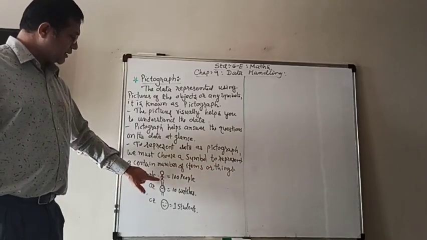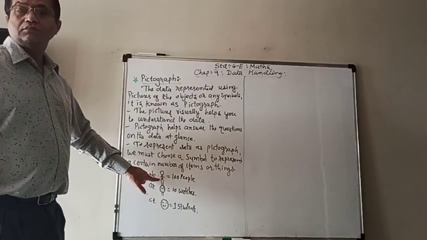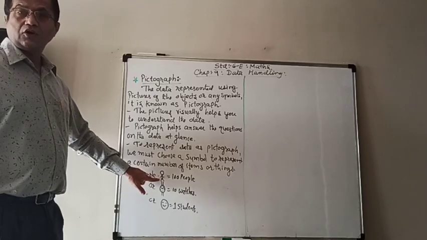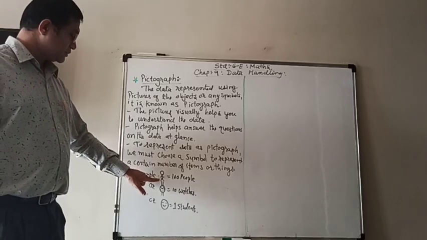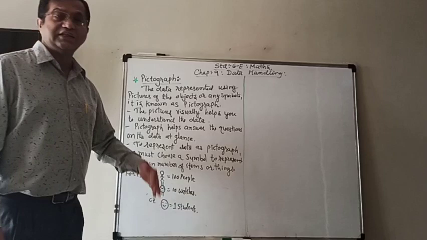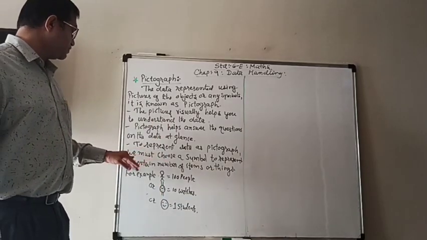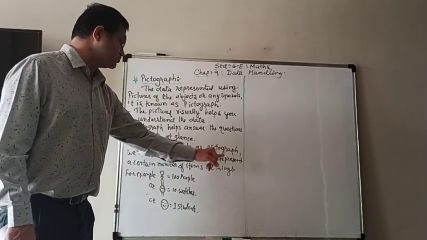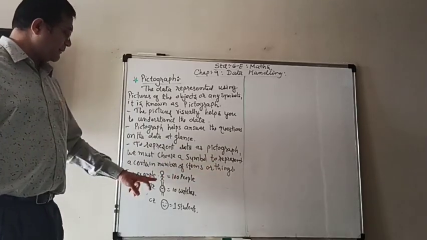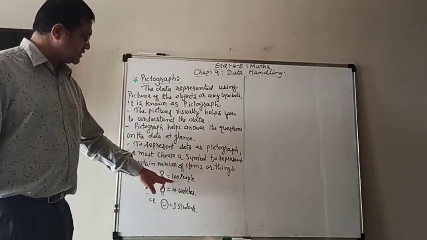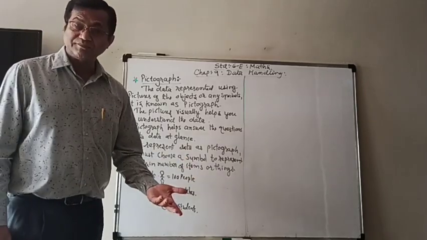I draw a human being like this, and I must say how much it is, what is the amount, a certain number of items or things. For example, I draw this and it represents 100 people.